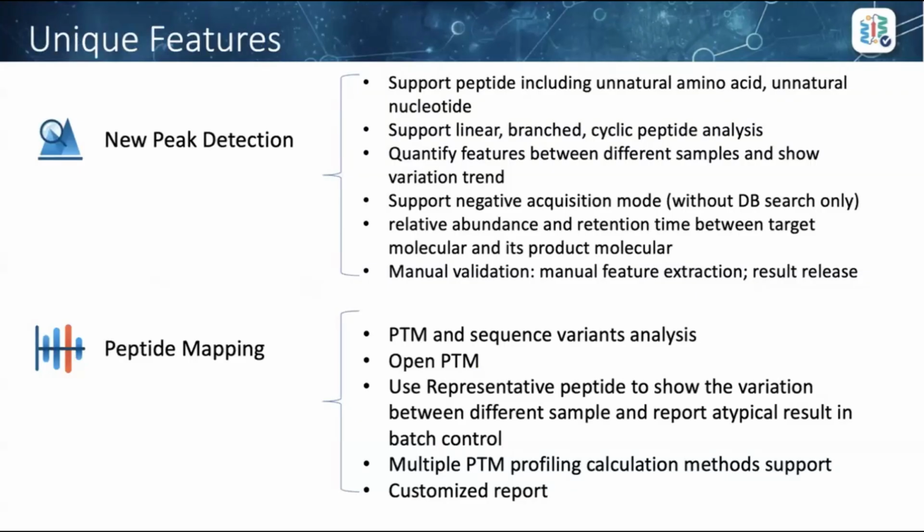For novel molecular characterization, we need to answer this question: what's new or unexpected? That includes new peak detection or open search. To address this question, we provide two new workflows: one is new peak detection, and the other is peptide mapping.